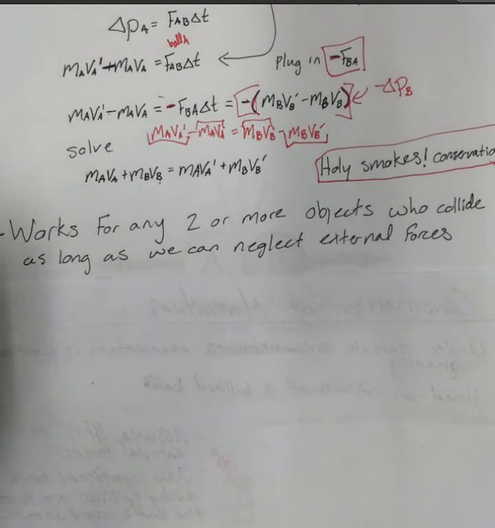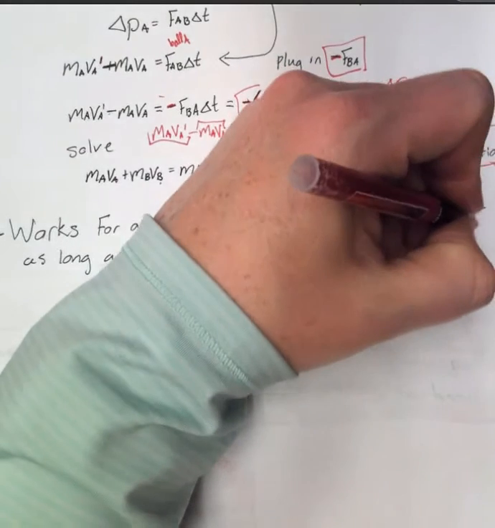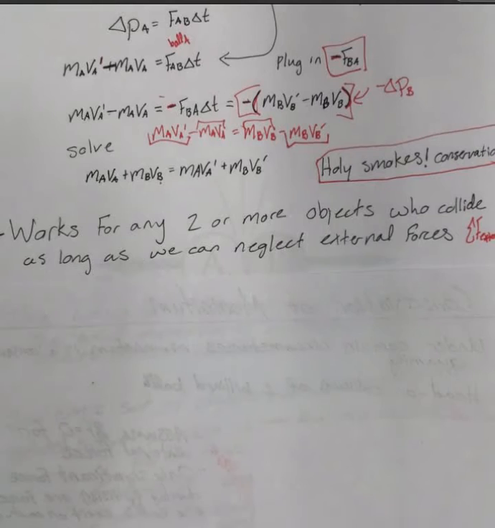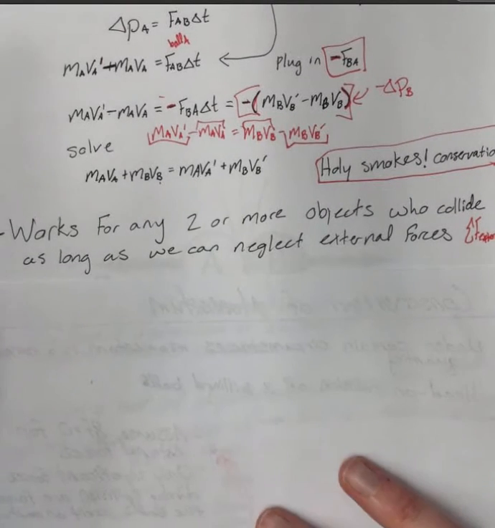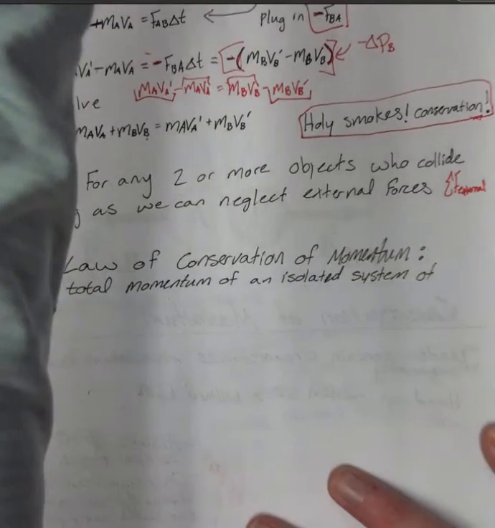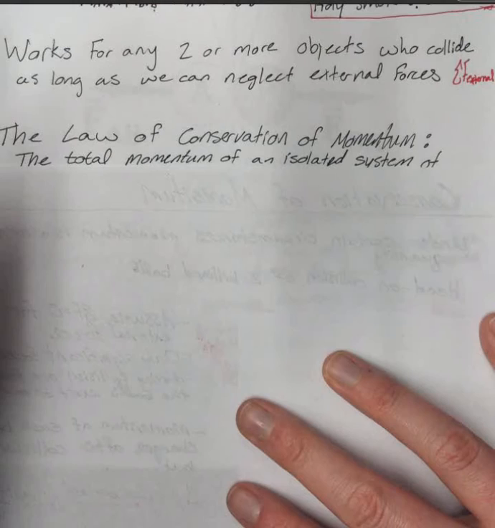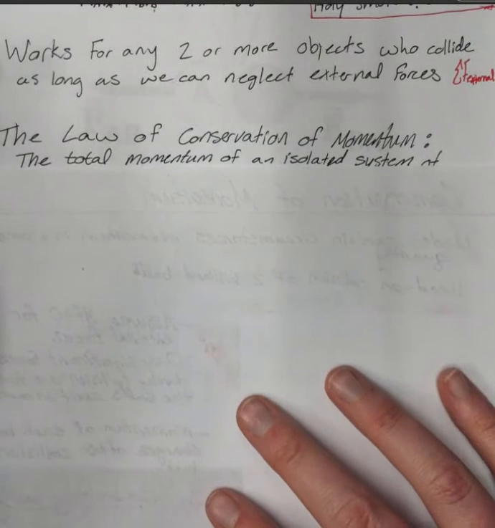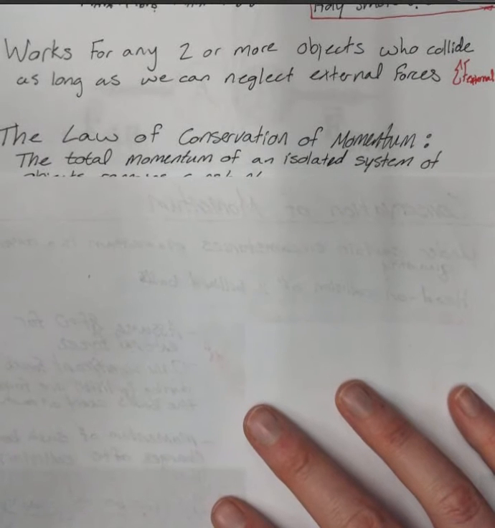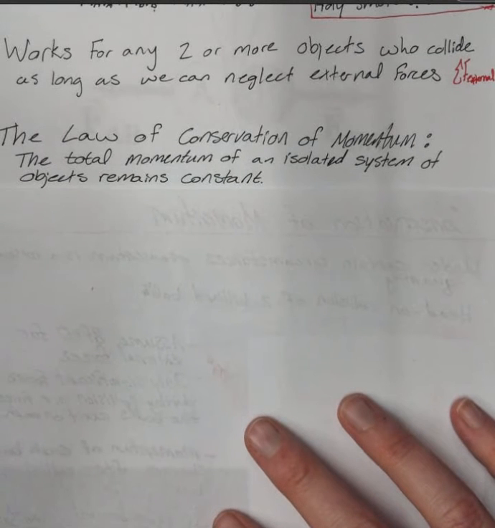We need to be able to say that the net force from everything external, like gravity, friction, tension, anything else that's involved, is small enough that it equals 0. And so here's the law of conservation of momentum as it's written and as it would apply in that situation. The total momentum of an isolated system of objects will remain constant. So the total momentum of an isolated system is a conserved quantity.